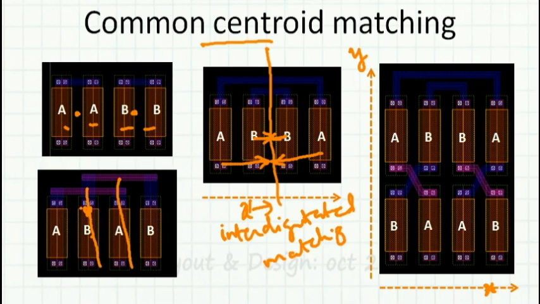That time I will use a two-dimension matching, or it's also called cross-coupled matching, in which I arrange the segments in two rows like ABBA and BAAB. Now for A, this is the centroid, and for B again this is the same centroid. So this is a common centroid matching for two dimensions.